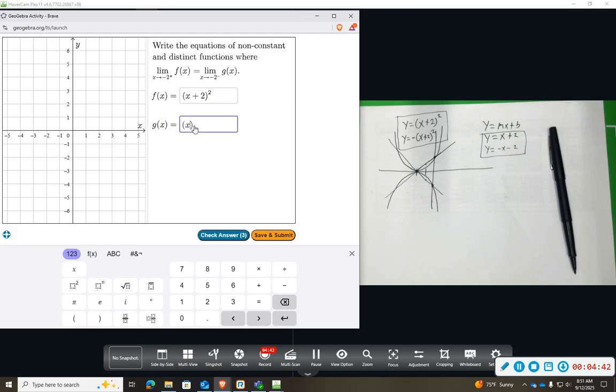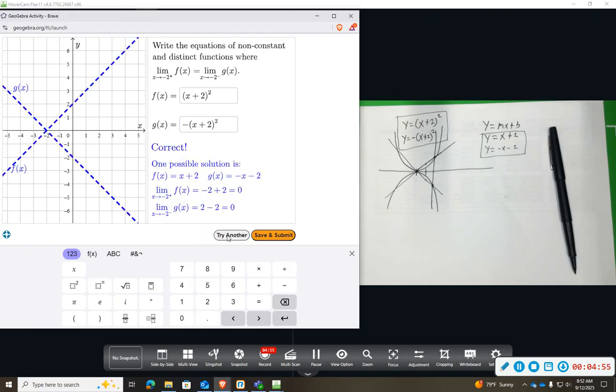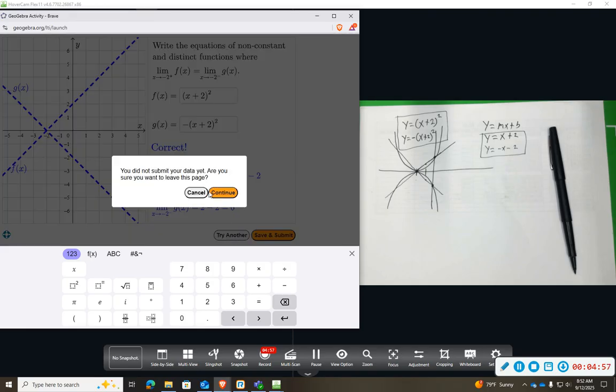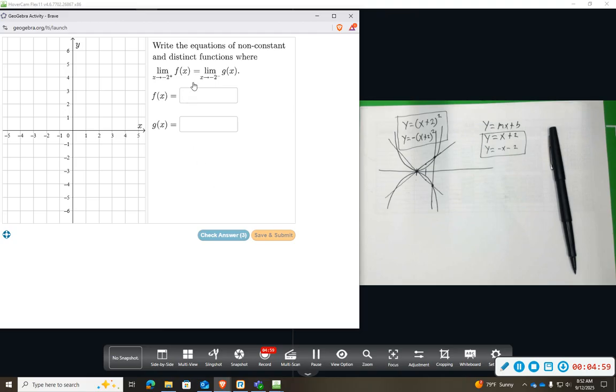So I'll just use the same, and I want this to be negative. So let's check. Okay, try another one. It just keeps giving me the same thing. So hopefully that'll be fine for this first one.